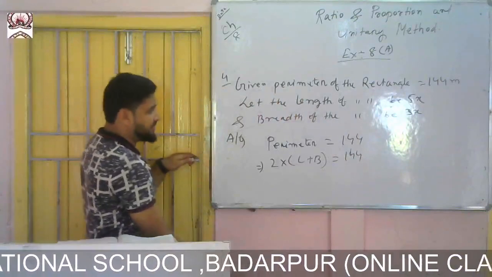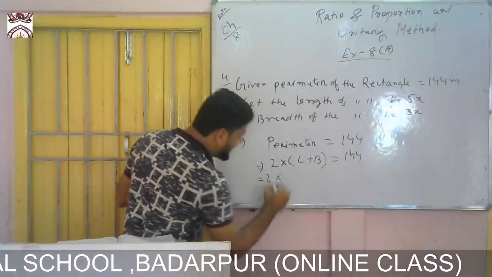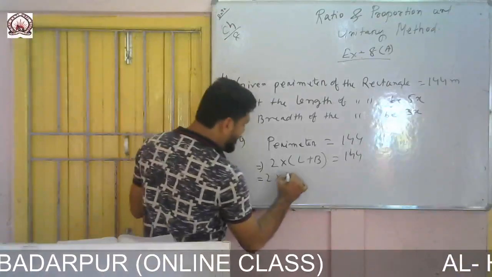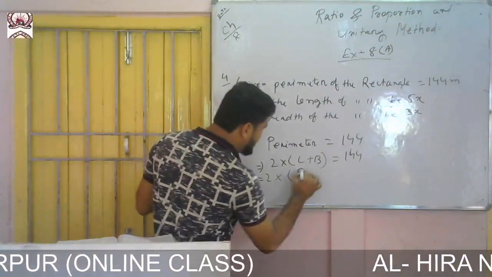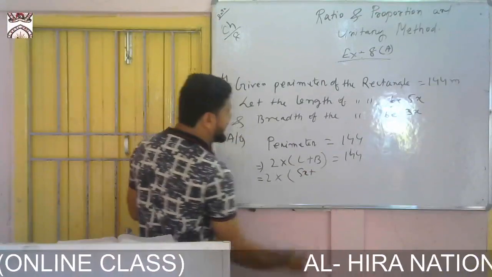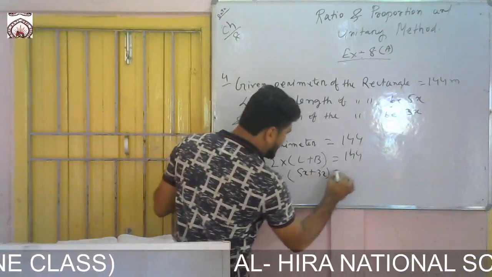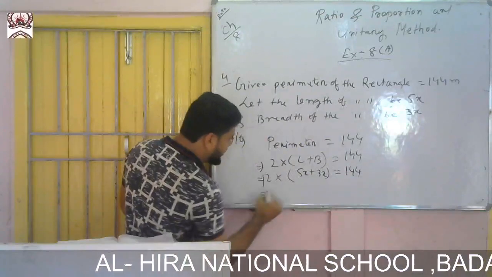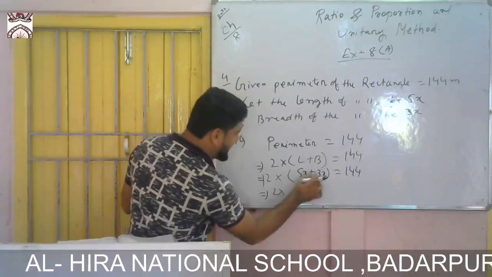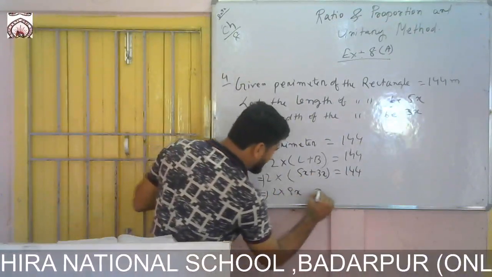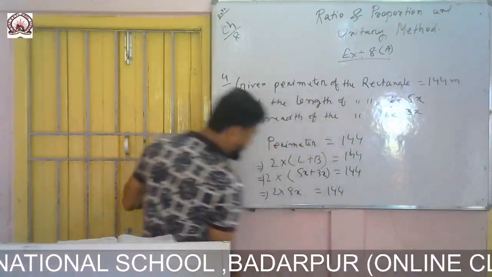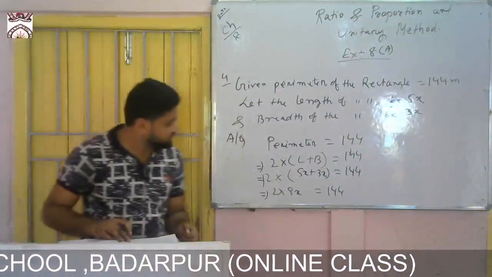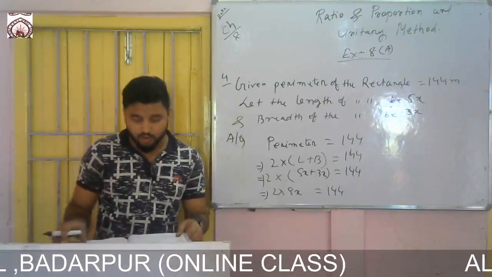So 2 into length 5x plus breadth 3x equals 144. Now 2 into 5 plus 3, it is 8x equals 144.